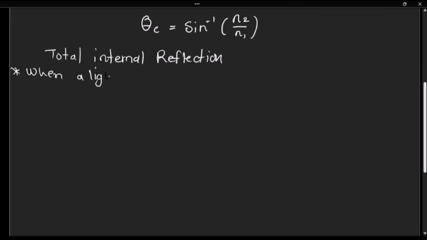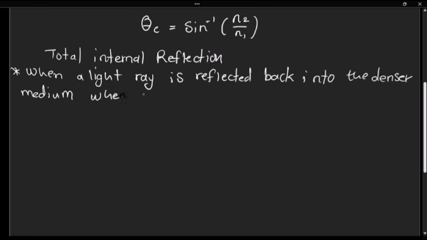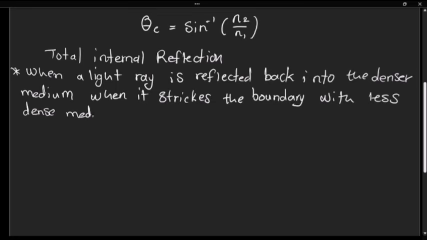So total internal reflection is when a light ray is reflected back into a denser medium when it strikes the boundary with a less dense medium at an angle of incidence greater than the critical angle.